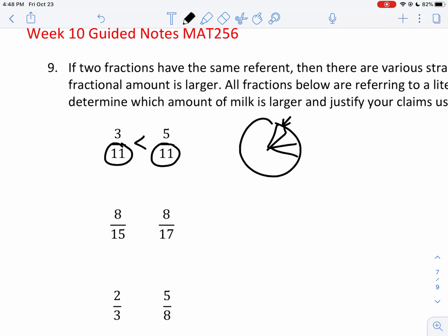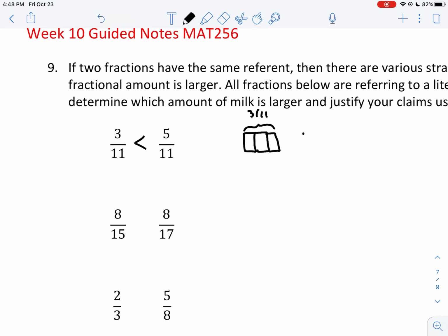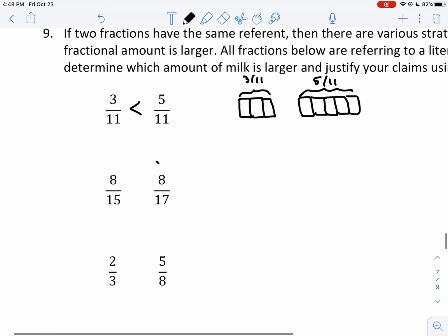In other words, when the denominators are the same, you can compare fractions easily by saying which numerator is larger, because that represents more equal-sized pieces. If each of these boxes is 1/11th, so there's 3/11ths, then clearly, if I'm working with the exact same size boxes, 5/11ths would be more.